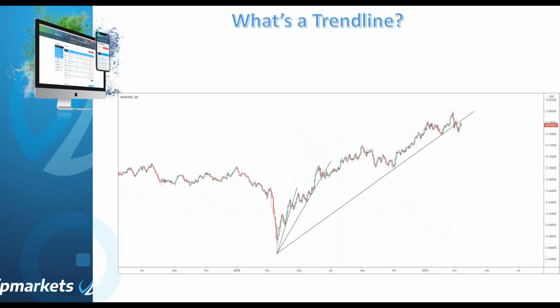So the next chart we have is an Aussie dollar chart, again on the daily time frame. As you can see, there were, shall we say, a number of false starts on the Aussie in terms of trend line structure, but it seems we eventually settled on this trend line here. So we have the first point of contact here, second point of contact, and then a third point of contact.